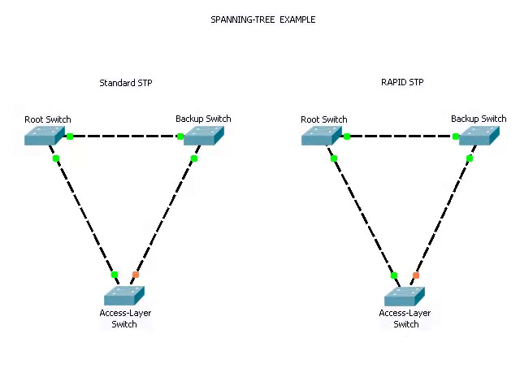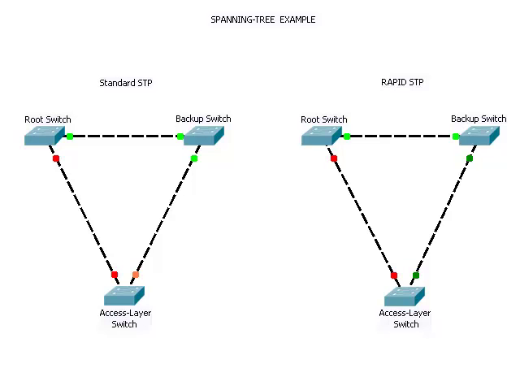I am going to create a direct link failure by shutting down the interfaces between the root switch and the access layer switch. Let's see how long it takes for the switches to converge. The link lights on the switches with rapid spanning tree configured on them converged almost immediately.